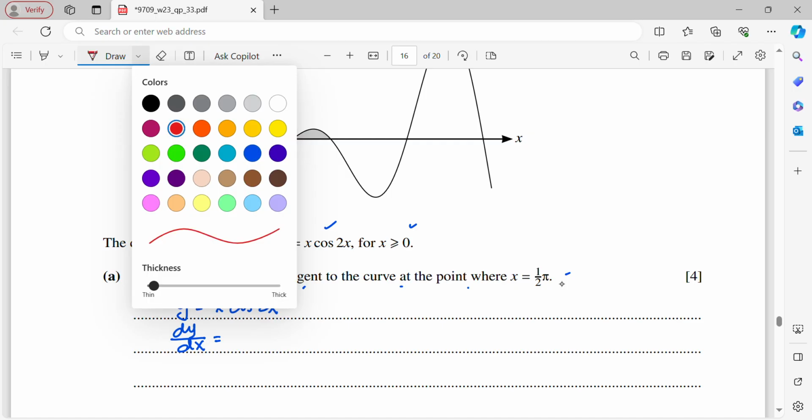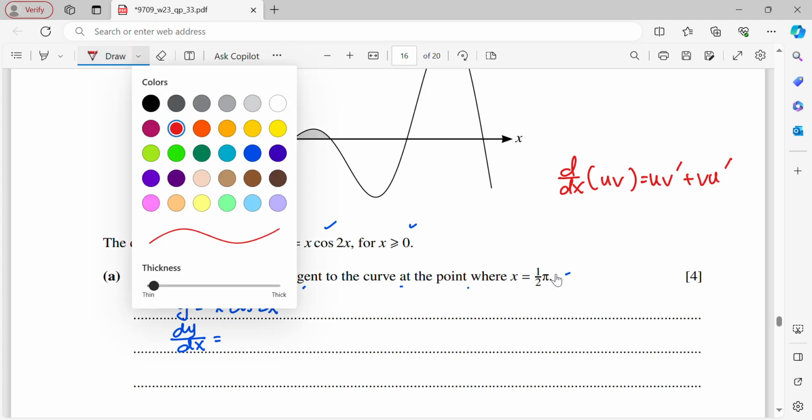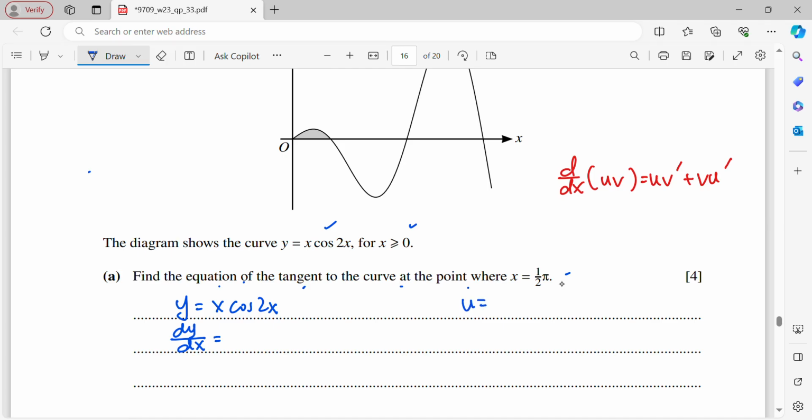My product rule is d/dx of uv equals uv prime plus vu prime. Therefore my u is x, my v is cos 2x, then my u prime is 1. For v prime, to differentiate cos, it will be a negative sign, copy the 2x, differentiate 2x is 2.